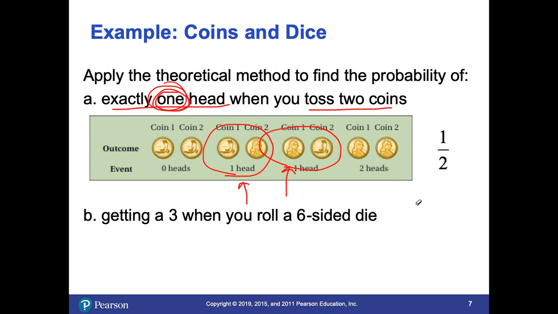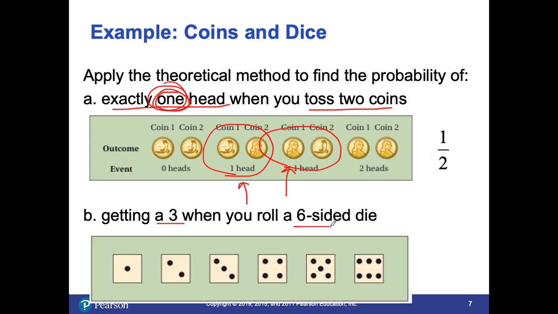Now, what are the chances that when you roll a 6-sided die, you get a 3? Well, there's a 6-sided die. Those are the possible outcomes. Well, out of 6 outcomes, only one of them has a 3. So you probably already guessed it. You have a 1 in 6 chance of rolling a 3 on a 6-sided die.